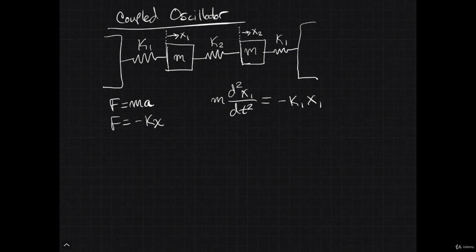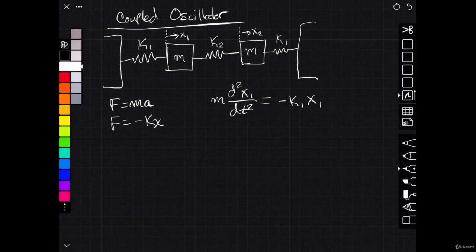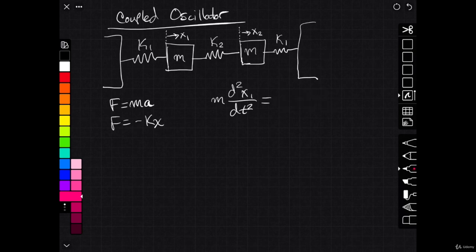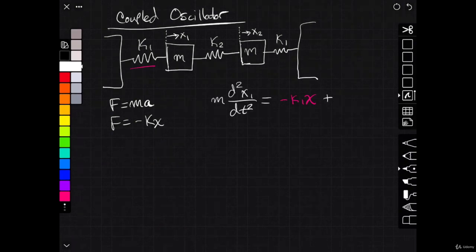I can actually just color code these if I want. It's going to be minus k1 x1, and then plus the contribution of the spring on the right, which is going to be k2 times x2 minus x1.